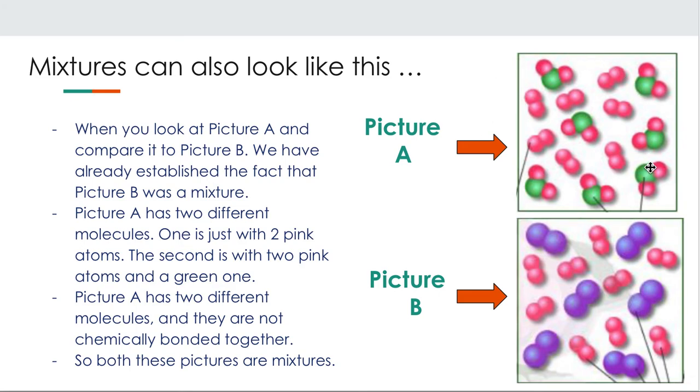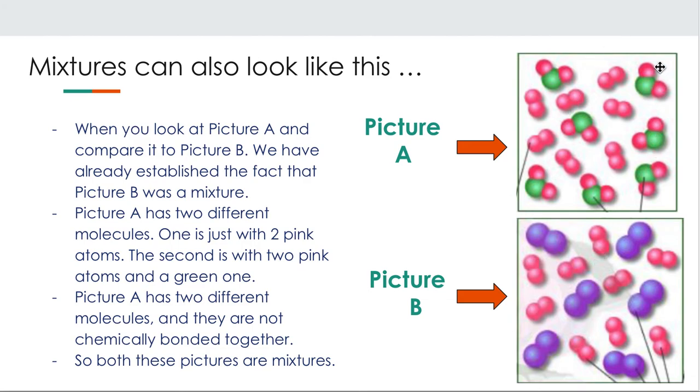Why? Because they have two different molecules. One of the molecules is this one right here, which is the green with the two pinks, and the other molecule is these two pinks together. This is a mixture because the green with the two pinks are not chemically combined or bonded with these two little pinks. So again, these two pictures are mixtures.